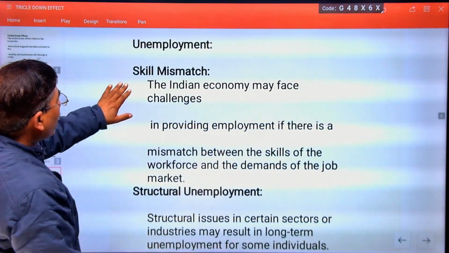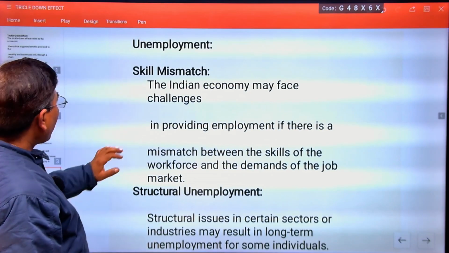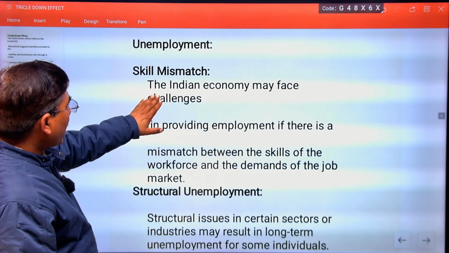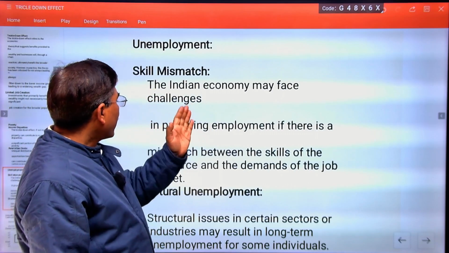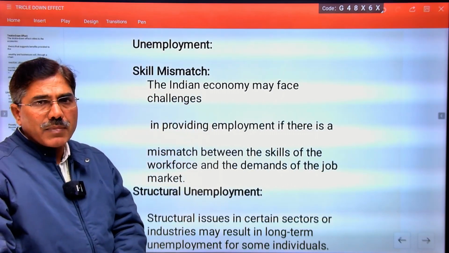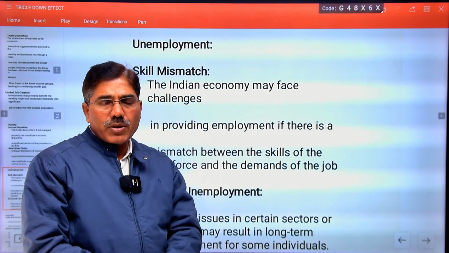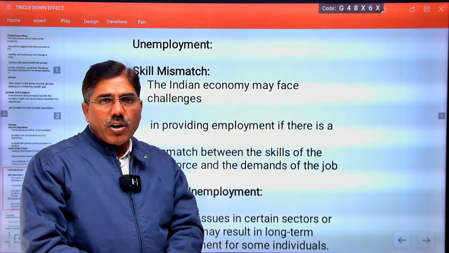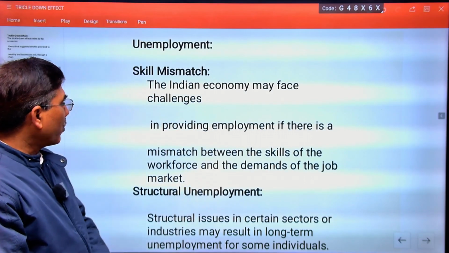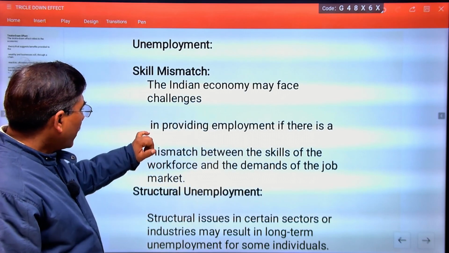You can see, under unemployment, skill mismatch. The Indian economy may face challenges. Why this skill mismatch? Because of lack of resources, because of lack of share of the marginal section in national income due to lack of effective implementation of the multiplier.